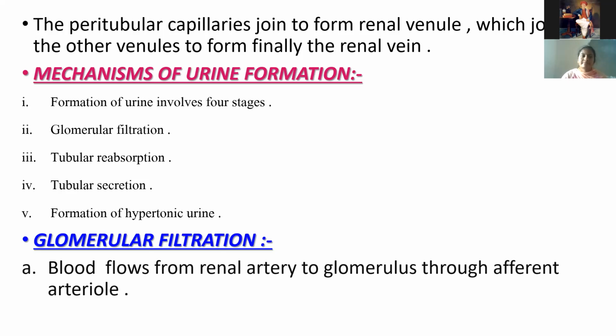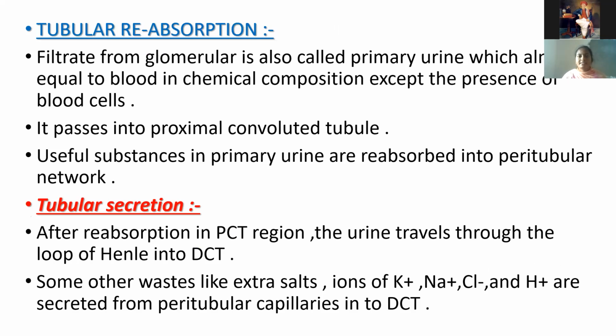Next, tubular reabsorption. The primary urine is filtered in the glomerulus. It is almost equal to blood and contains some blood cells.